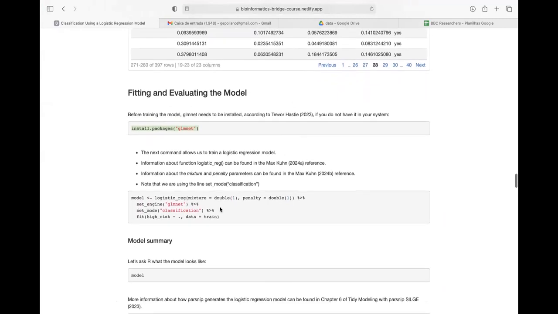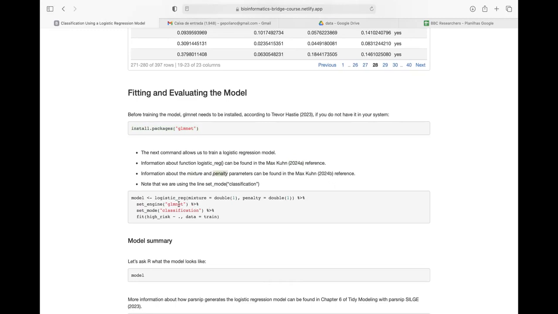So this next command allows us to train the logistic regression model. We can read information about this logistic regression function. I put the reference below. If you scroll down, you're going to see this reference here. And there's also information about this mixture and penalty parameters in this other reference.